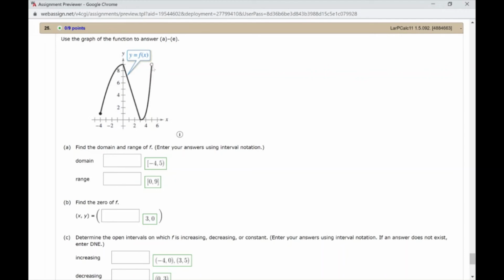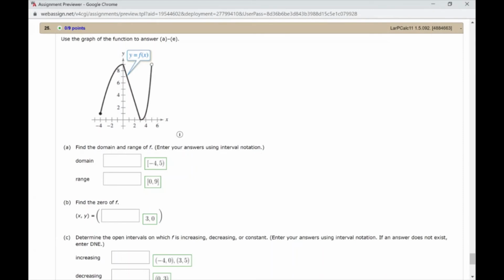It's not included, it's open. Therefore, I indicate that with what notation? Parentheses. So interval notation will be from -4 included all the way to 5 not included: bracket -4, 5 parenthesis.